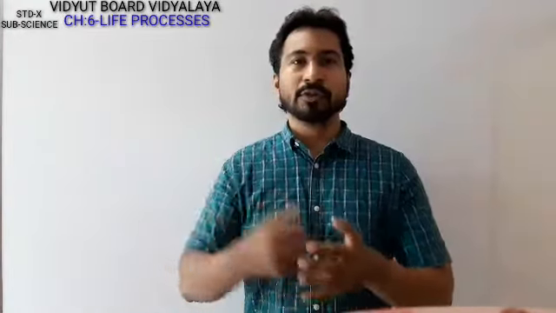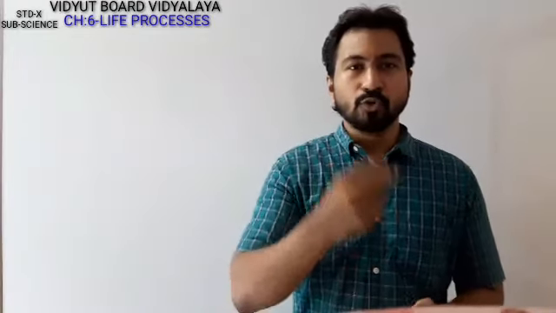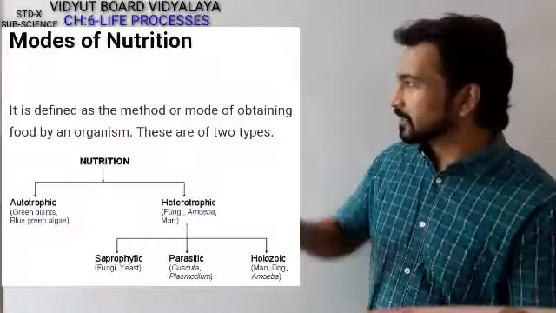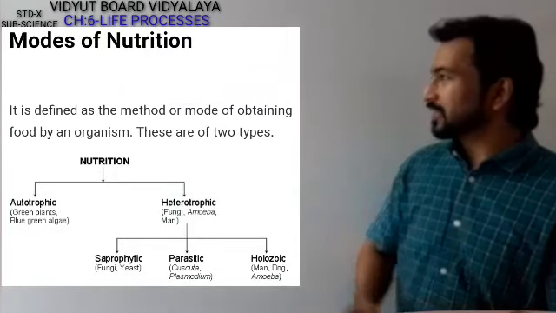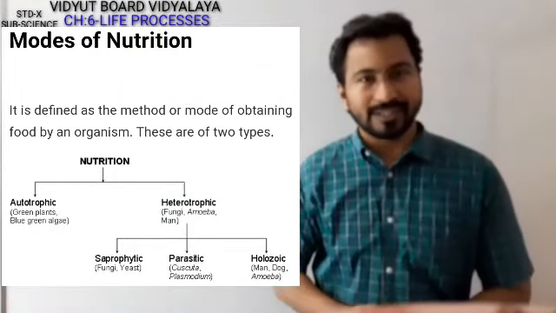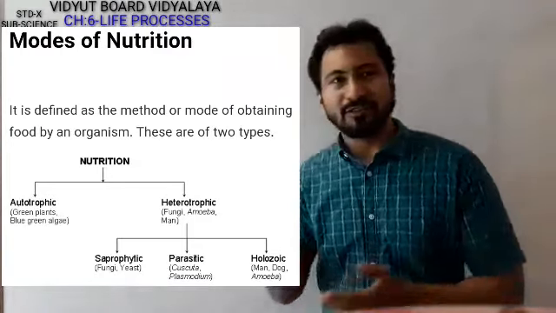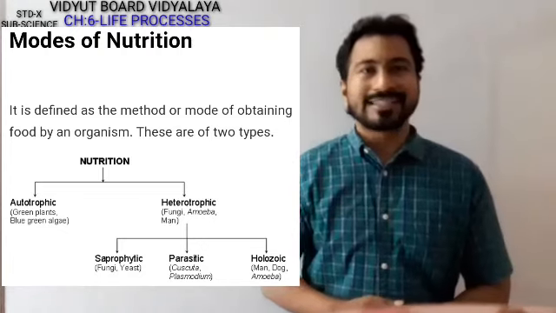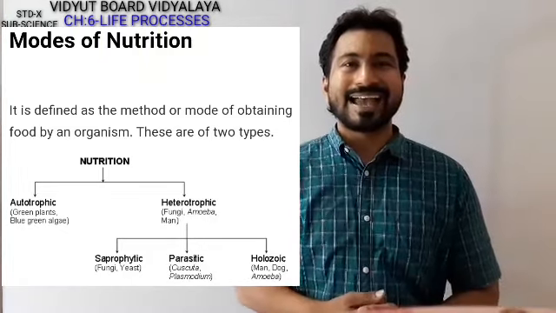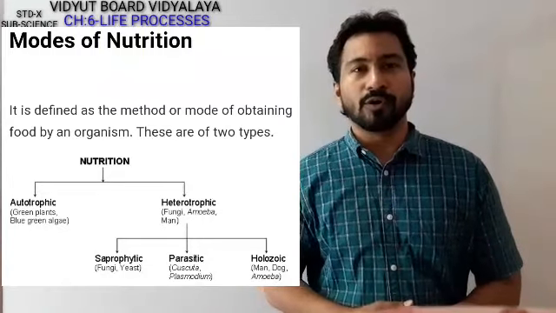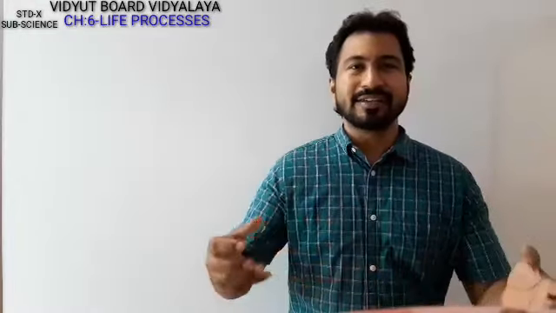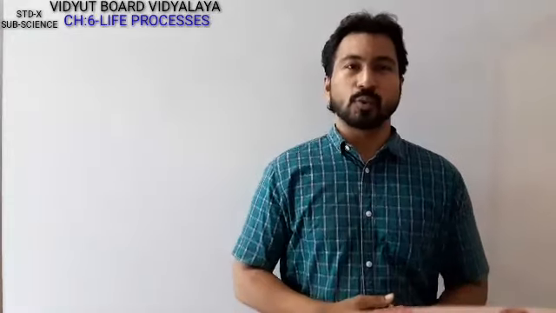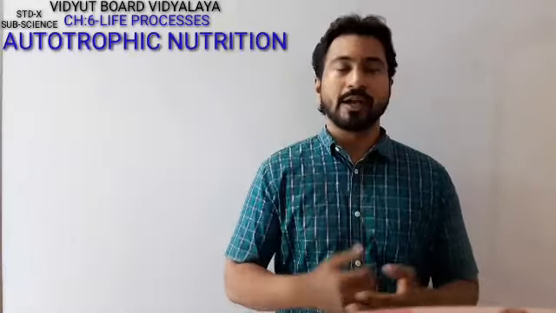Fine. According to the modes of nutrition, we have two basic modes, that is autotrophic nutrition and heterotrophic nutrition. The heterotrophic nutrition is further categorized into the saprophytic, parasitic and holozoic modes of nutrition. These are the various forms of nutrition that we see in our day-to-day life. Now talking about the first one, the autotrophic nutrition.